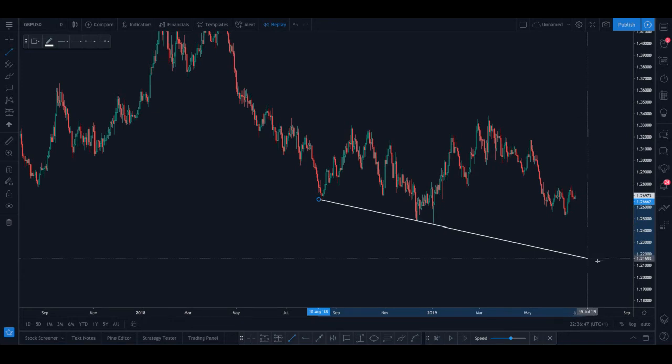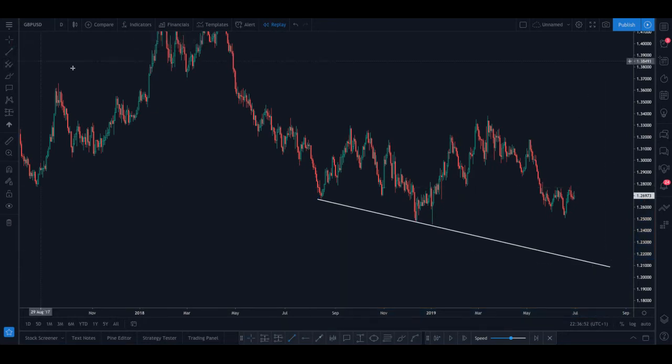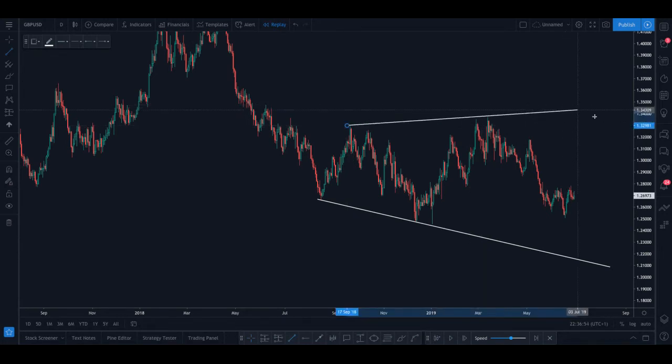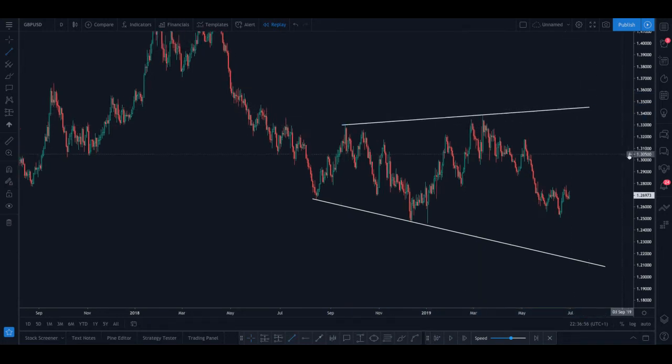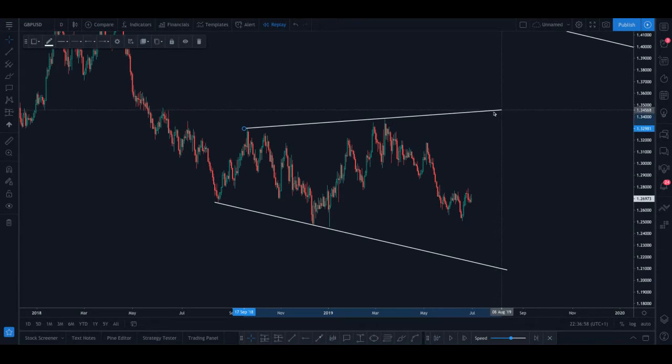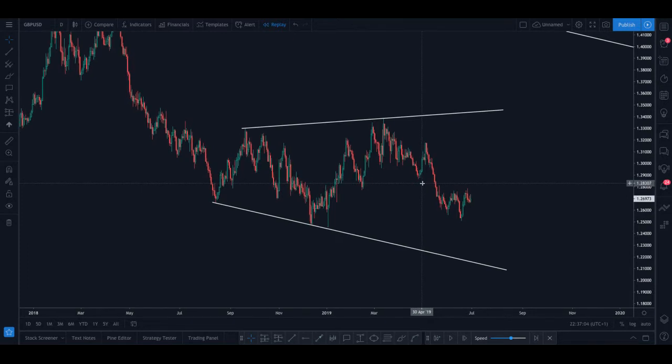So here's the daily chart, and I'm just going to go through analyzing key levels of structure in the market, key levels of value, and high probability areas where we could see price come to.